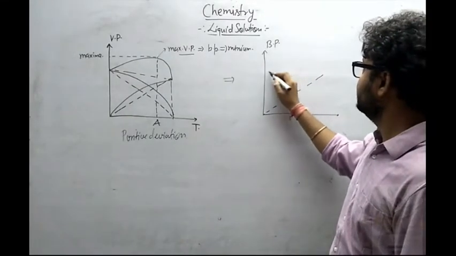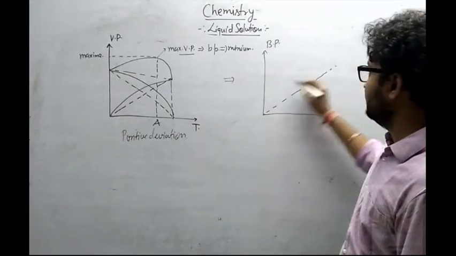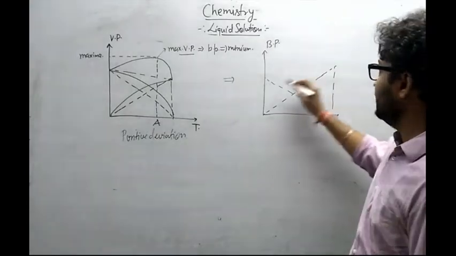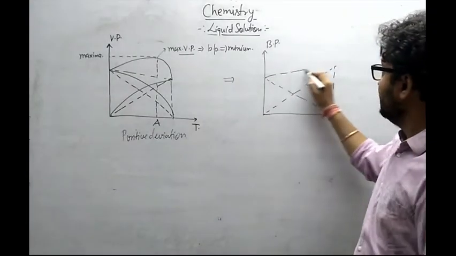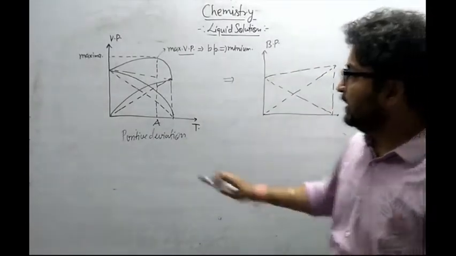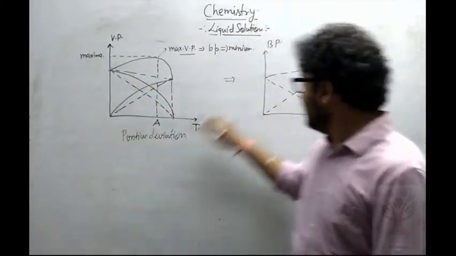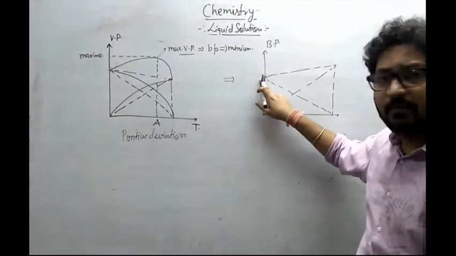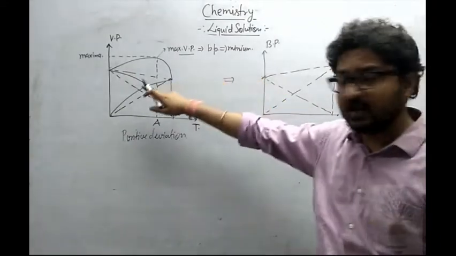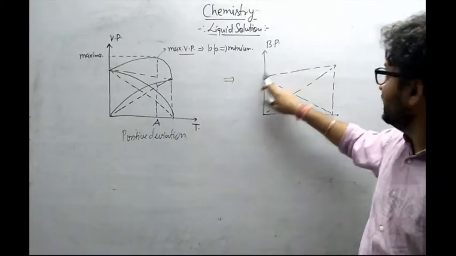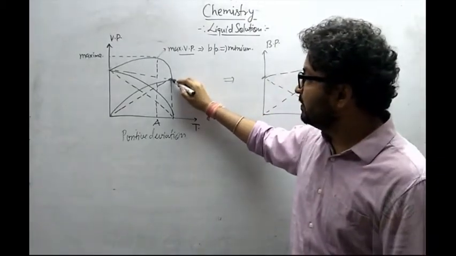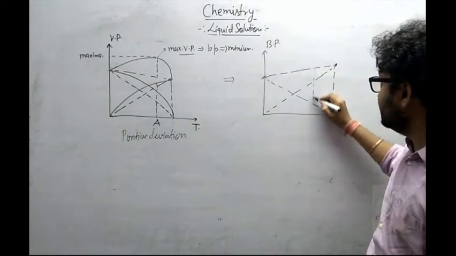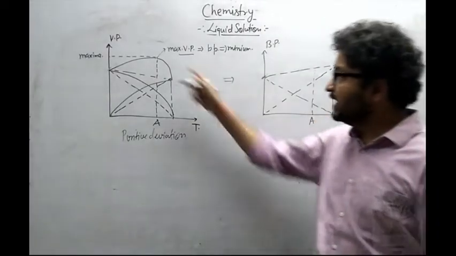And now see, this is your ideal case. See what I did? Wherever VP was maximum, I put that as minimum. Wherever VP is maximum, I will have minimum BP. Wherever vapor pressure is less, I will have more BP. Now for a particular composition A, I had maximum vapor pressure.